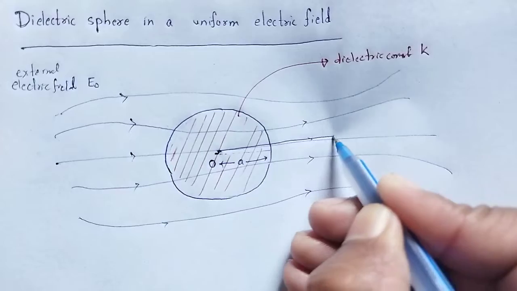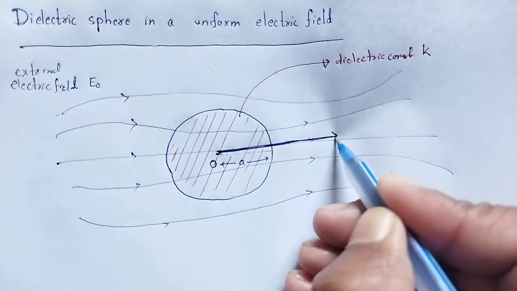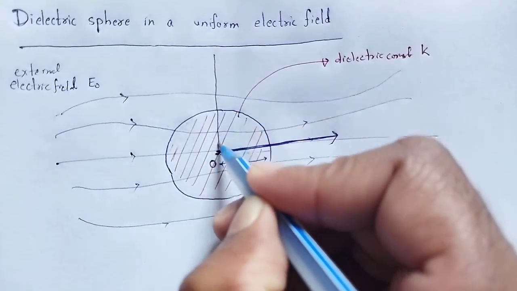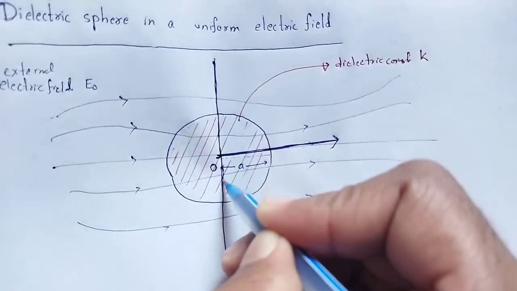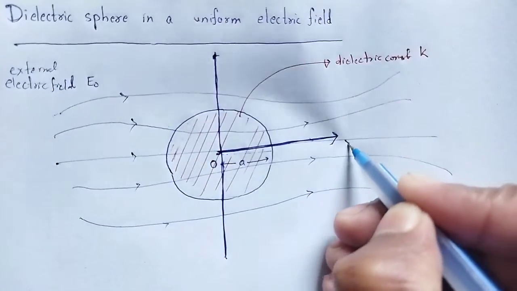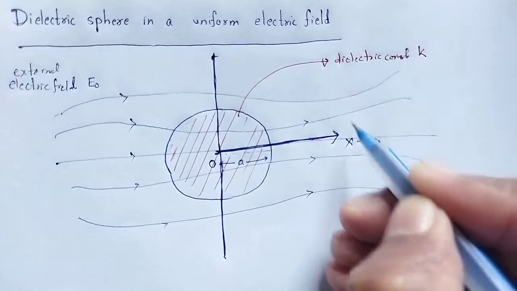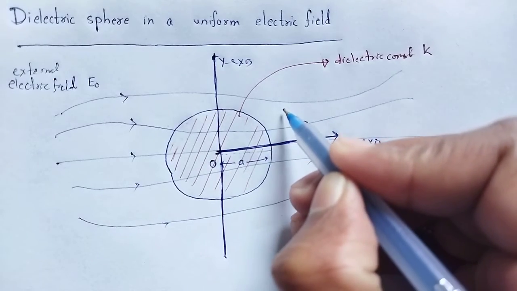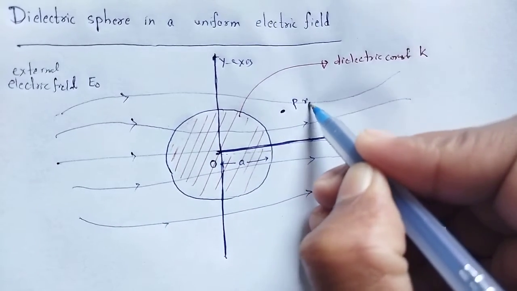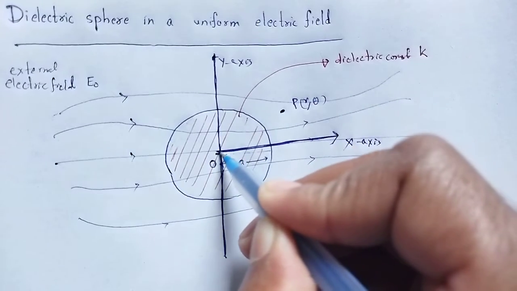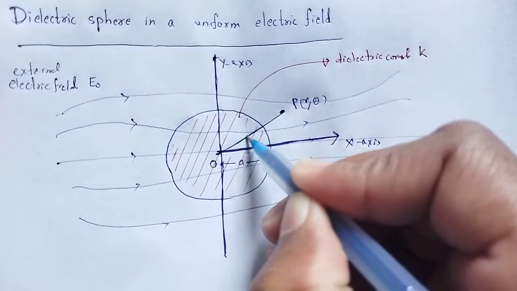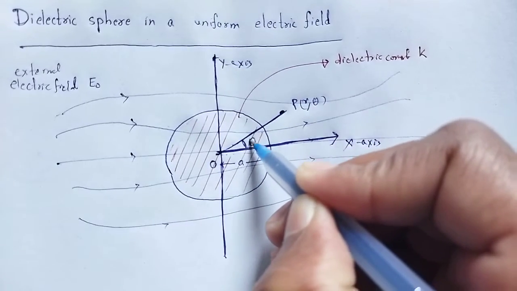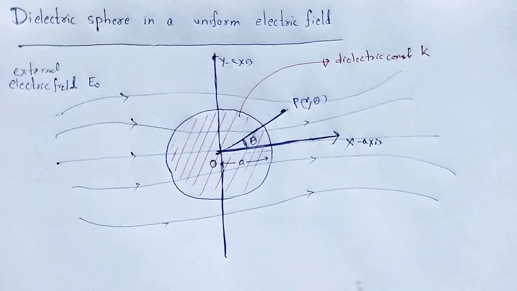Take here the x axis, y axis, and let a point here be a point having coordinates r, theta. This angle be theta, and the polar axis is along E naught.